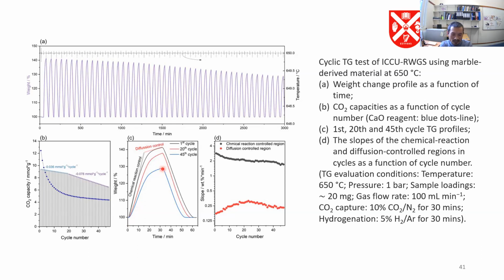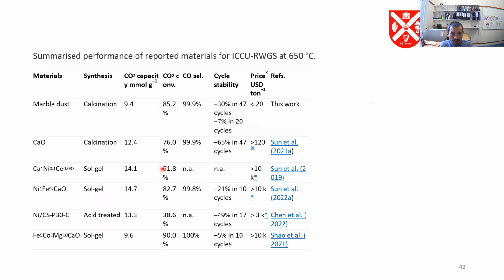But I think in this case we can dispose of the marble stone after 20, or 100, or 1,000 cycles, like limestone. These kinds of materials can be used in the cement industry directly, so we don't have any other expensive catalyst in this process.